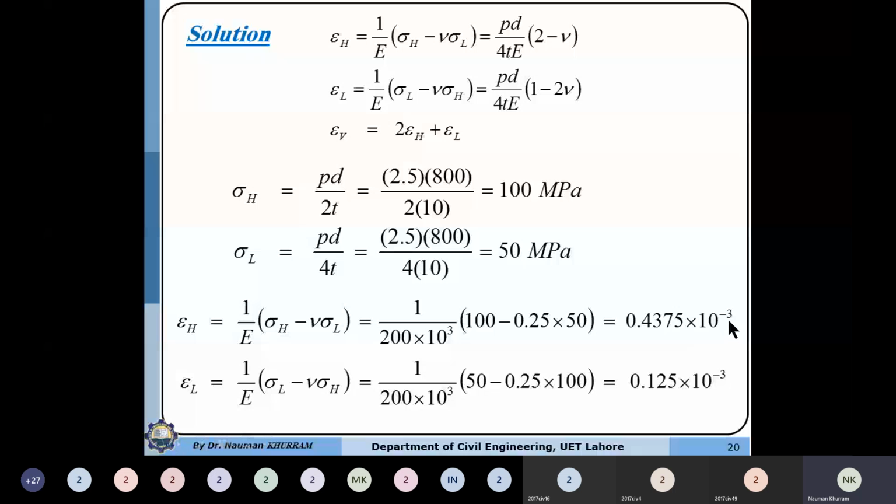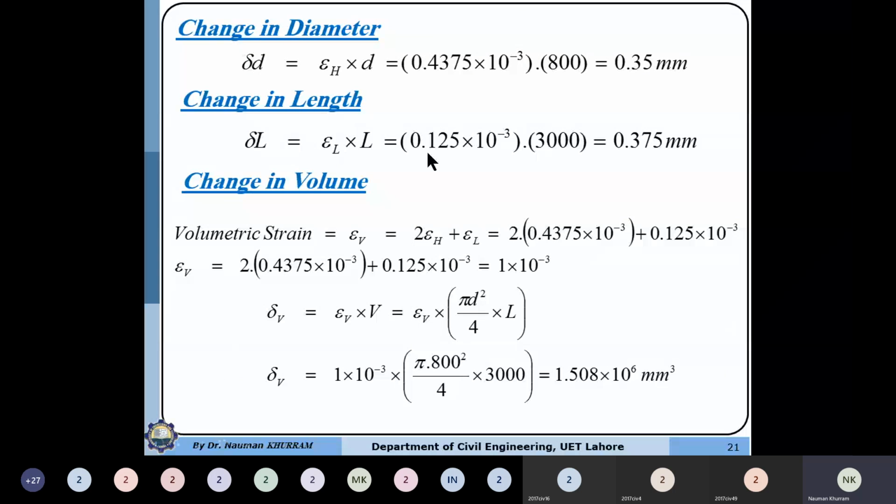Strain is unitless, millimeter over millimeter or meter over meter, so the answer will be the same. For the longitudinal strain, it is equal to 1 over E into sigma L minus nu into sigma h. Substituting the values, the longitudinal strain comes to 0.125 into 10 to the power minus 3.